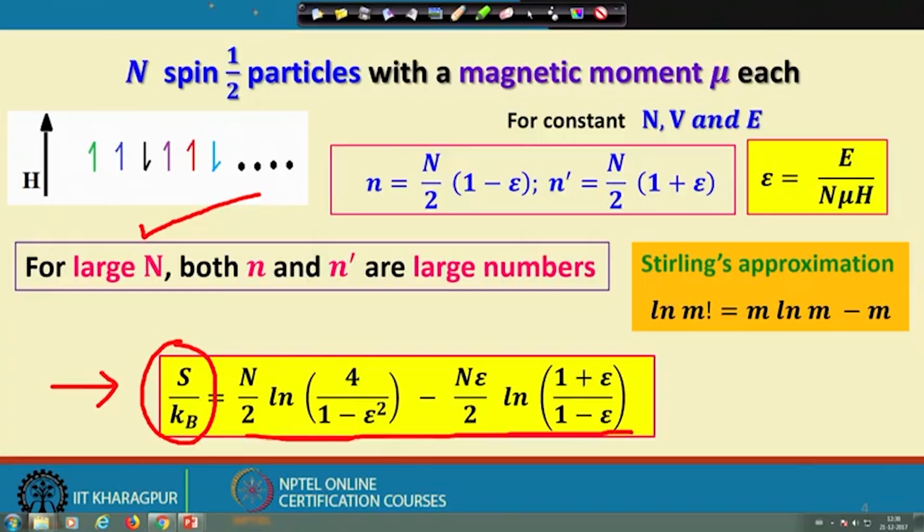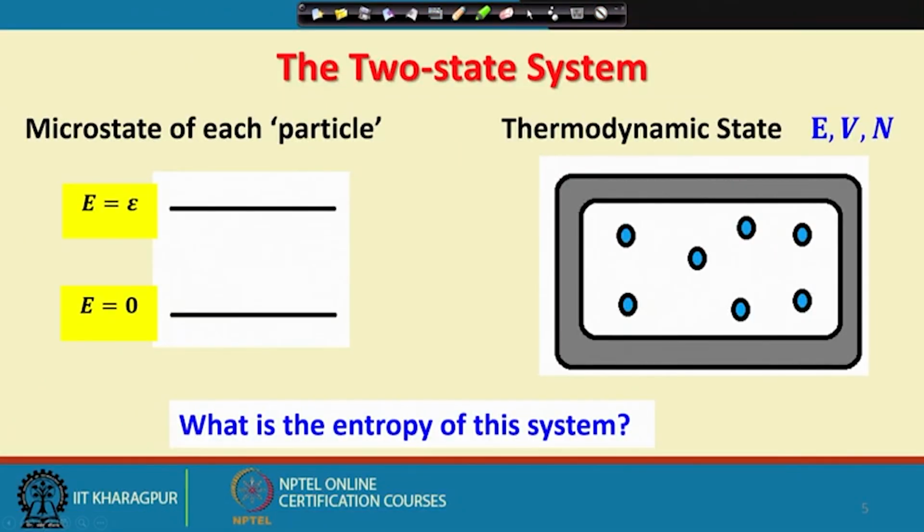So, let us next have a look at how we can work out, within the scope of the microcanonical ensemble, the thermodynamics of a two-state system.